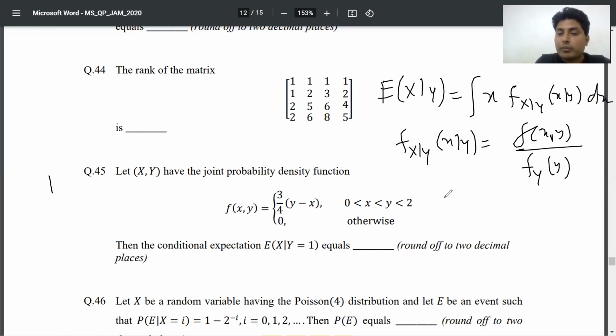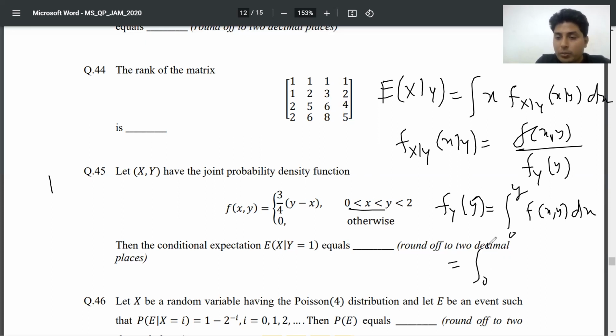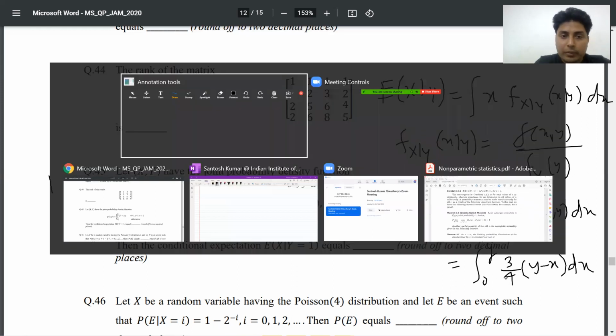So for that you need fy. What is f of y? It will be the integral of the joint PDF with respect to x, and the limit of x here will be 0 to y. So let's integrate 0 to y, 3 by 4 times (y minus x) dx.